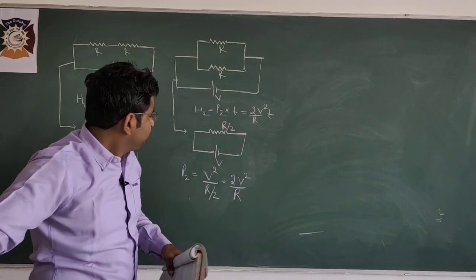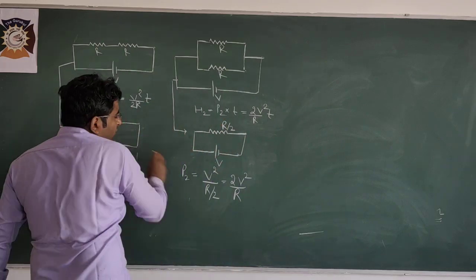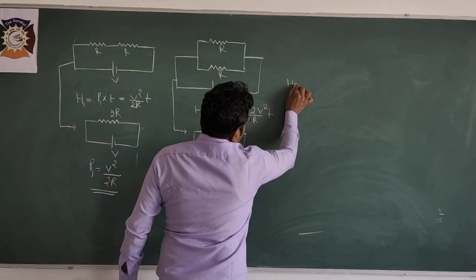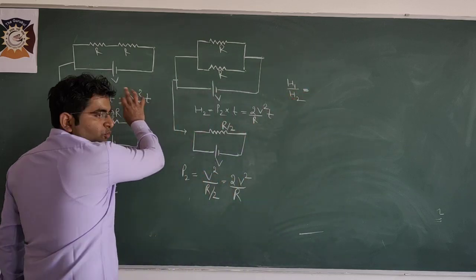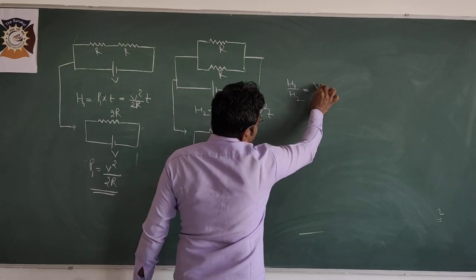okay students, look, H1 over H2 is equal to H1 value V square upon 2R.